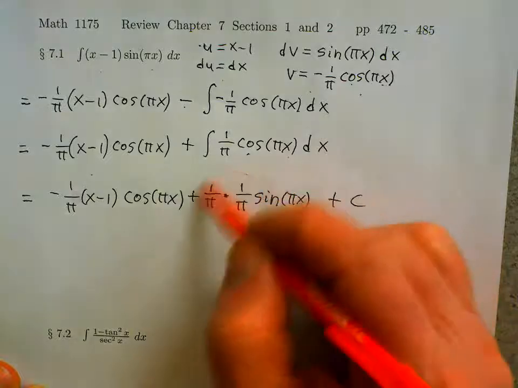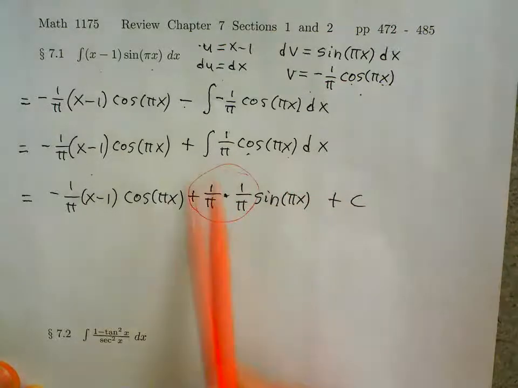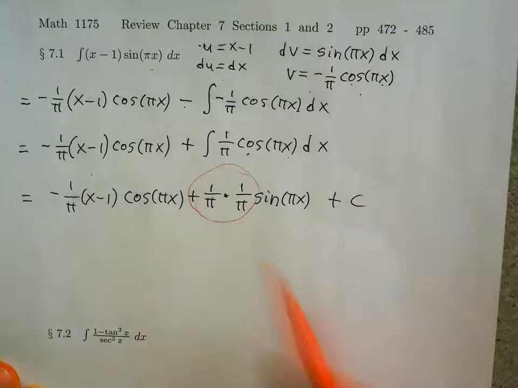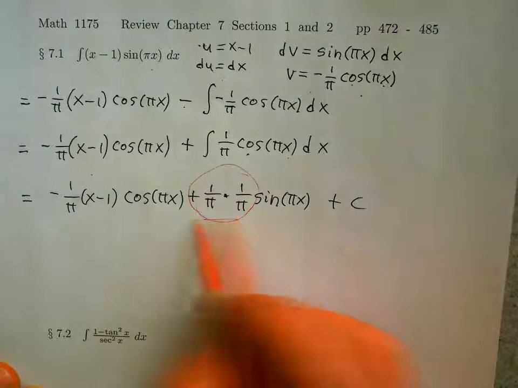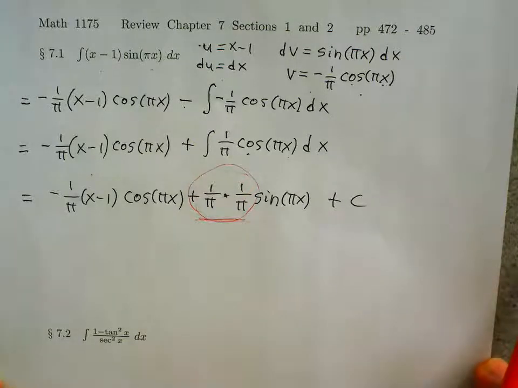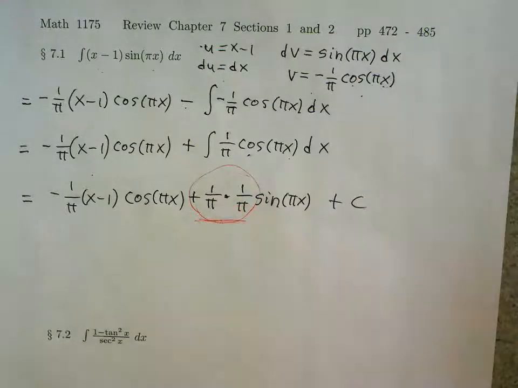I'll just note 1 over pi times 1 over pi is just 1 over pi squared. But like I said, if you get this on a test and leave it in this form, that's perfectly fine, as long as it's obvious what the operation is supposed to be.